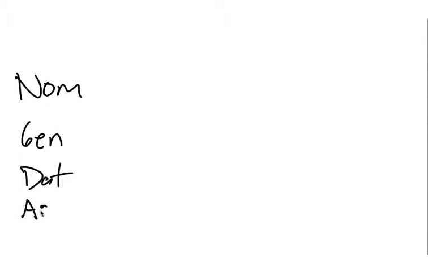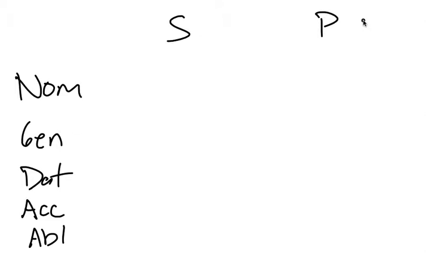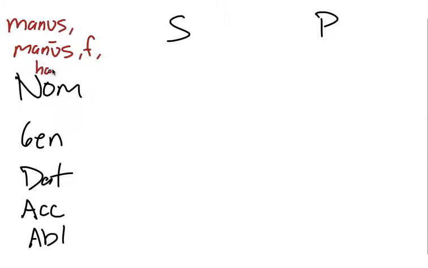Okay, so let's take a fourth declension noun and decline it in full. And so for our example noun, let's go ahead and use the noun manus. Manus, manus, feminine, hand.